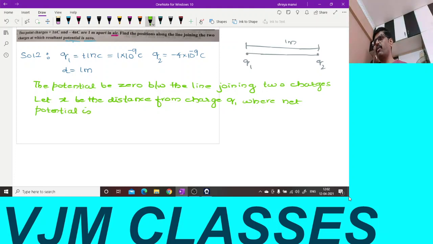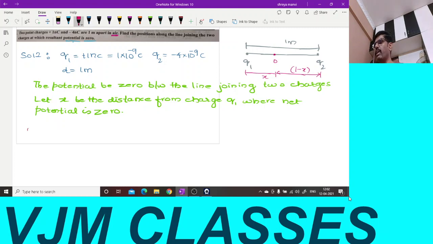So now the point is lying between the two charges. From charge Q1 it is at point O, which is at a distance x from Q1. Remember, if it is x from Q1, obviously from Q2 it will be at a distance of 1 minus x, because the total separation between the two charges is 1 meter.